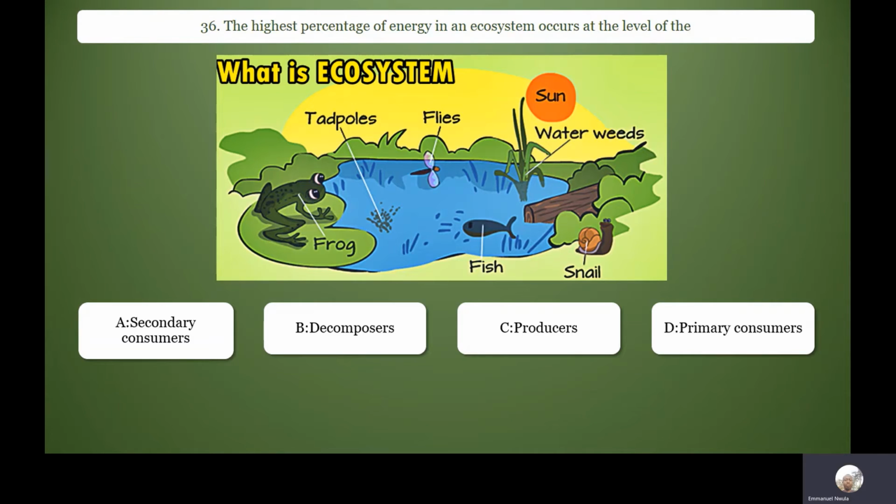So the herbivores will feed on the plants, and the energy is transferred from the producers to the herbivores, but not all the energy in the producers. So as the energy moves along the food chain, it decreases. So the one with the highest energy will be the producers. So the correct option here is C.